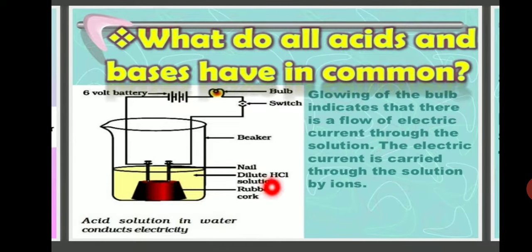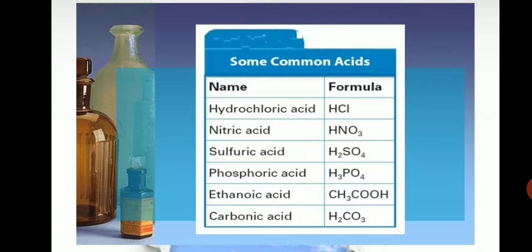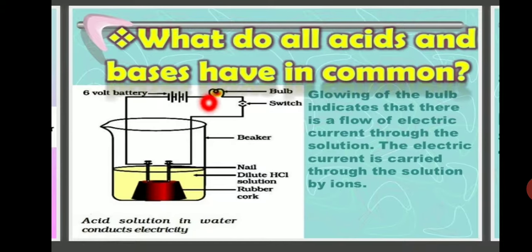Here I have added hydrochloric acid, so hydrochloric acid contains ions. That's why this bulb glows due to the flow of ions.